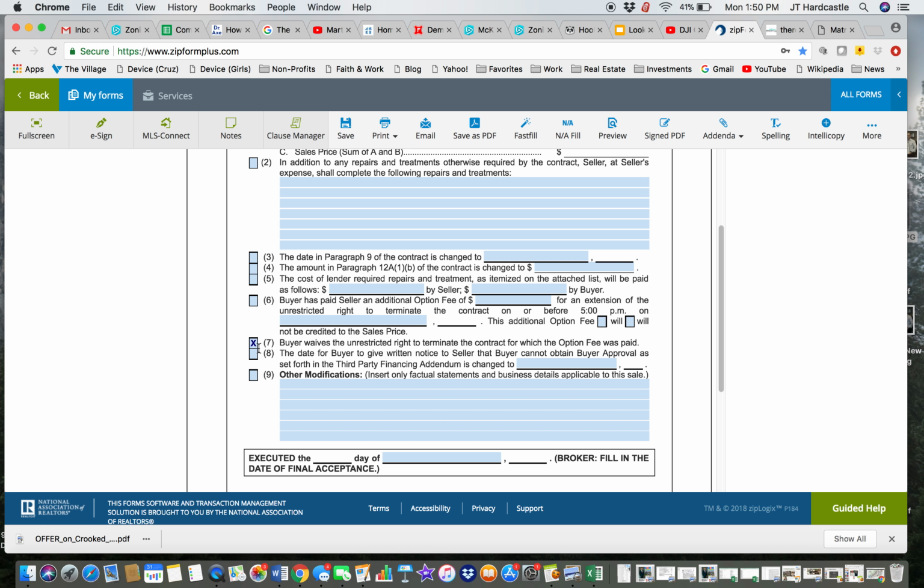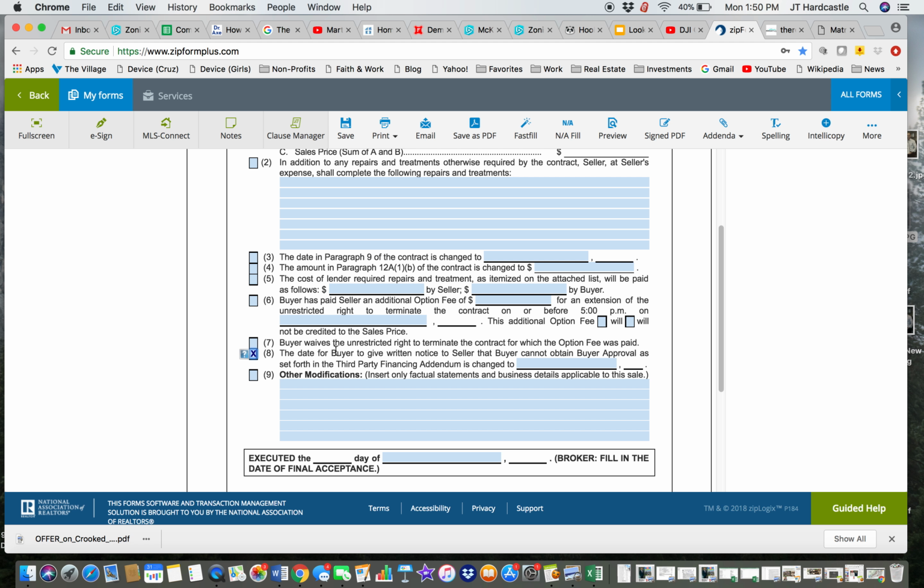So having them agree to this is a smart thing to do. If there were 7 days, they're stating that we're not going all the way to the 7 days. We are comfortable with ending the option period today.